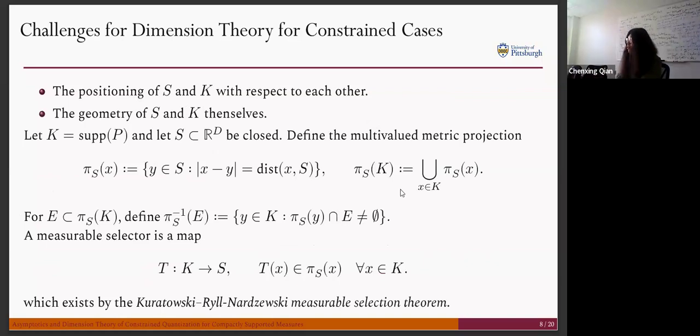So for the specific problem of the constrained case, we can expect that the challenges are much different than in the unconstrained case. The main challenges come from the positioning of S and K, of the constraint and the support K, and the geometry of S and K themselves.